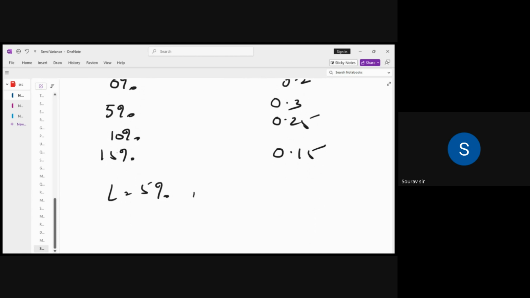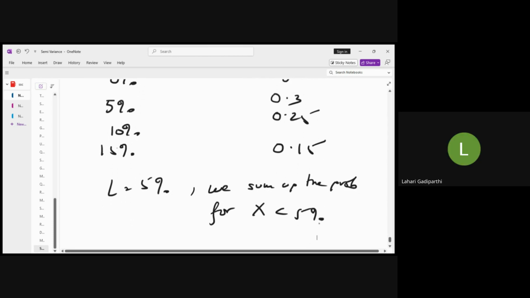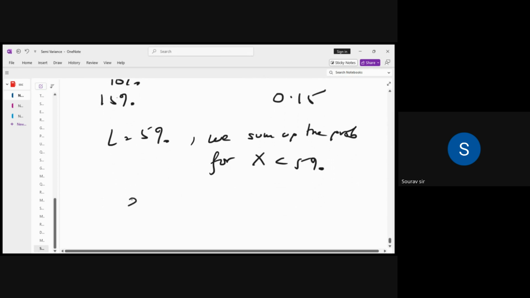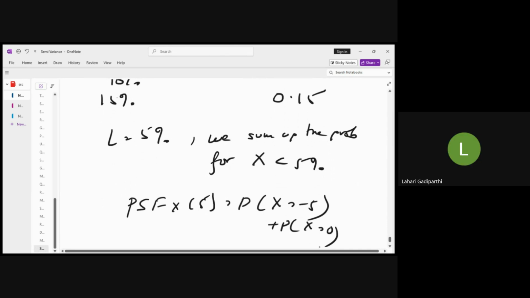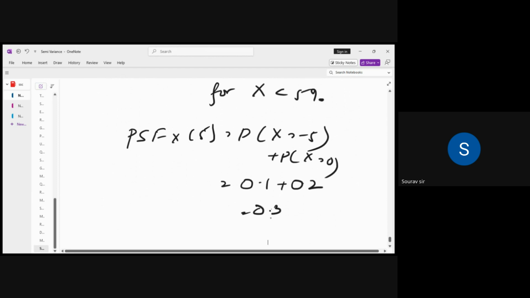L is 5%. So we will sum up the probability for x less than 5%. PSF of X, 5 will be P of x equals minus 5 plus P of x equals 0, because minus 5 and 0 are less than 5, except 10 and 5. That is 0.1 and 0.2, which comes to 0.3. How will you interpret the probability of shortfall?